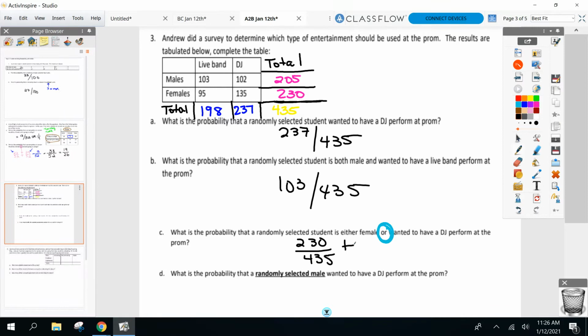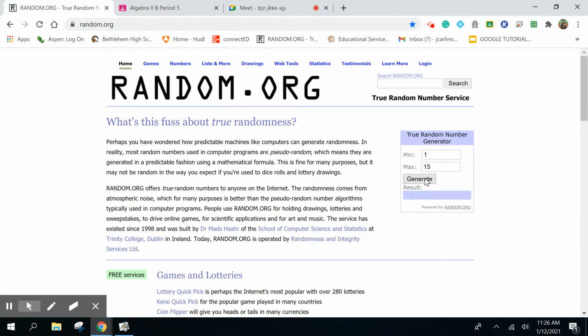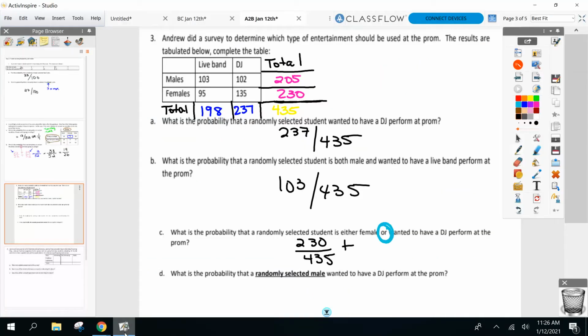Plus, how many wanted, oh, you're done. Settle down. Okay, sorry. Or want a DJ? Bassett, how many want a DJ? You might have been on mute there, Bassett. How many want a DJ?